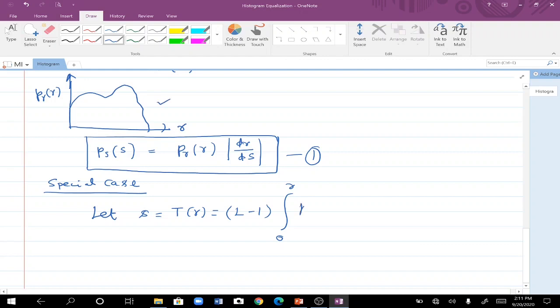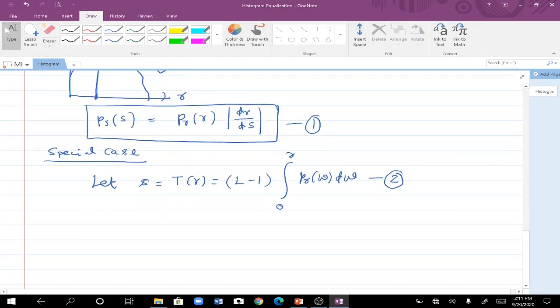For a given r, you integrate. And let's use a dummy variable w, dw, which means if you want to compute for this value r naught, you integrate till here, right? Then multiplying it with L minus 1 is how we are defining our s value. This is a special case we are assuming for s. The question we are now trying to answer is, what is the probability density function for this random variable s?